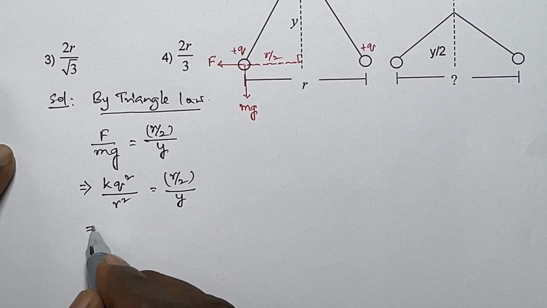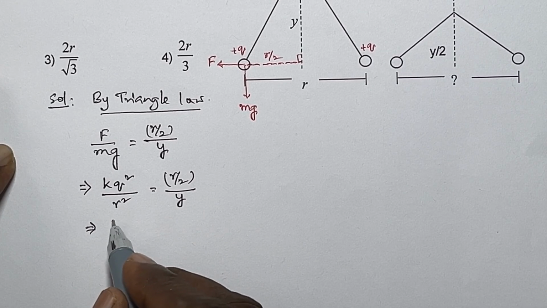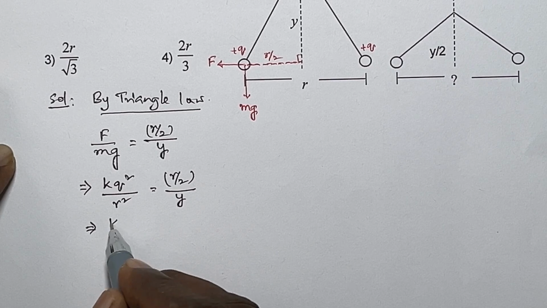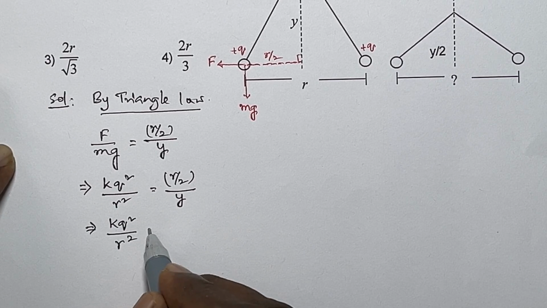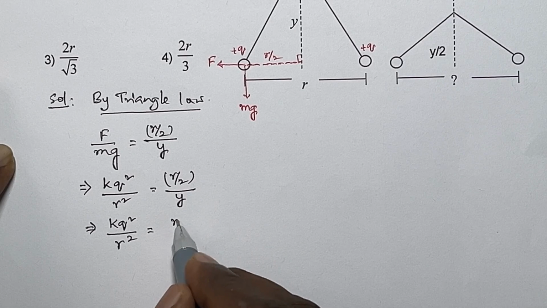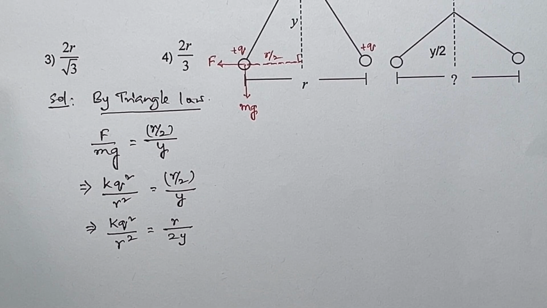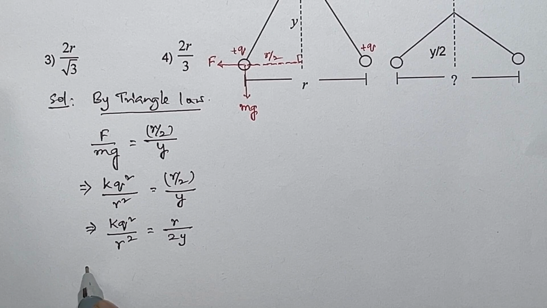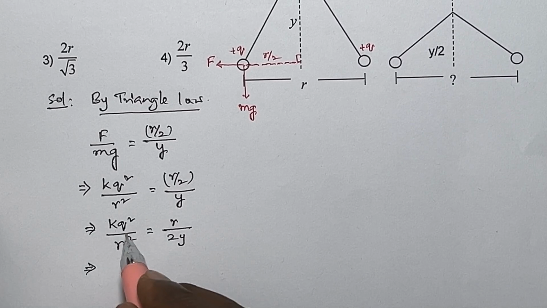So that implies kq square, I will further write as r by 2y, like that. So what happens here, whatever the constants are there, let us eliminate them.